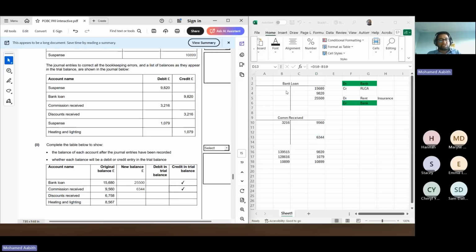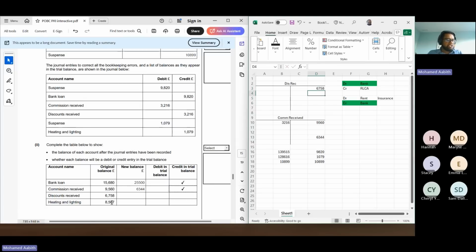Now let's look at the next one, discount received. I'm going to do the same: discount received. Let's do the opening balance. Can you tell me about your discount received balance? Is that going to be a debit or a credit? It is going to be a credit again, because it is an income, 6,758 pounds.